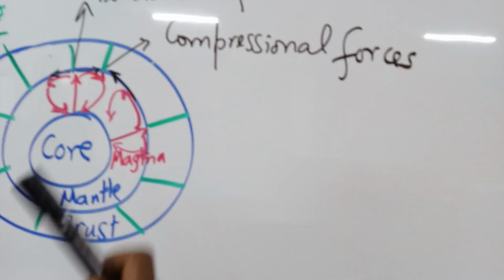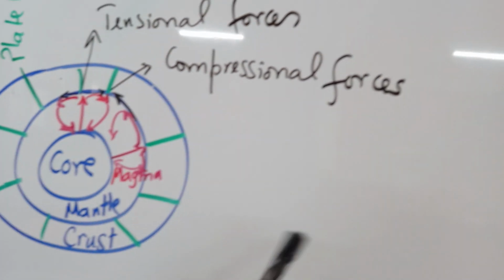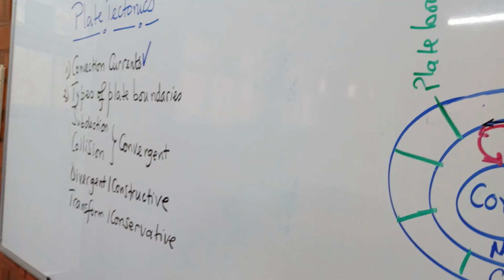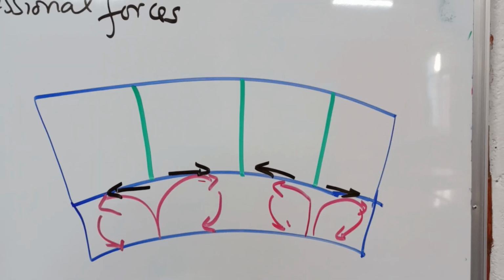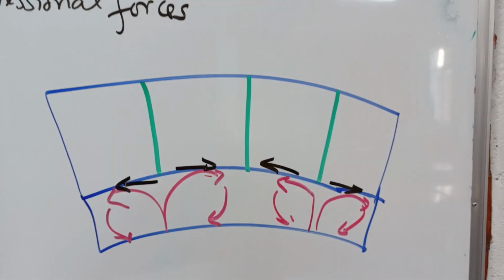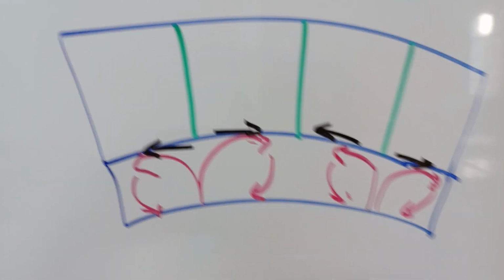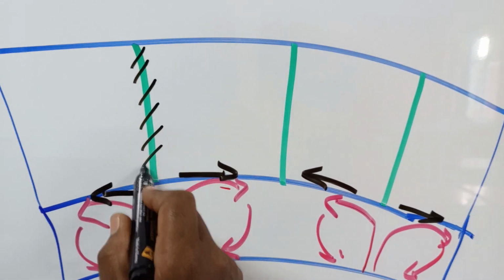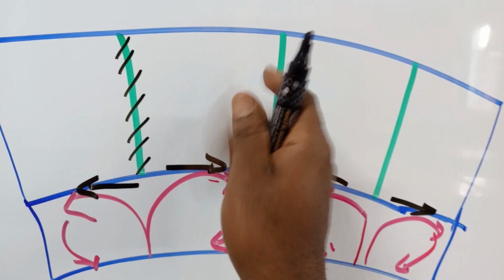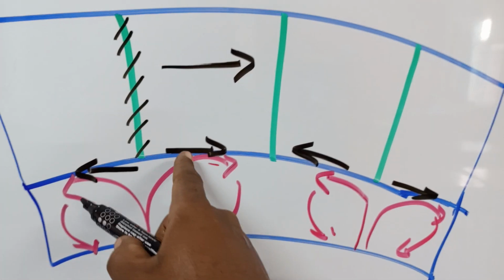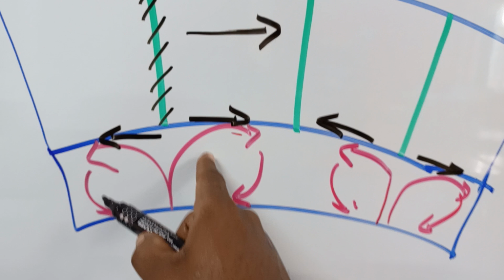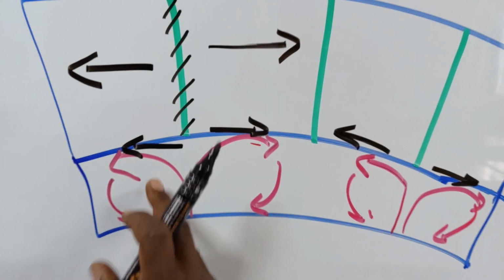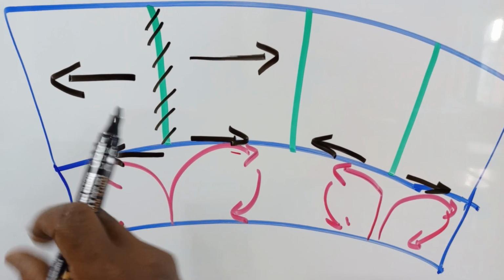Okay, if I try to move away this part from here to here on the side to see how these convectional currents will affect the plates and how they will be moving, we will have different types of plate boundaries. Yes, so where we have tensional forces here, where we have this plate boundary, it's like this plate is moving towards here, following this arrow of the convectional current, and this moves towards where this convectional current is dragging it to.